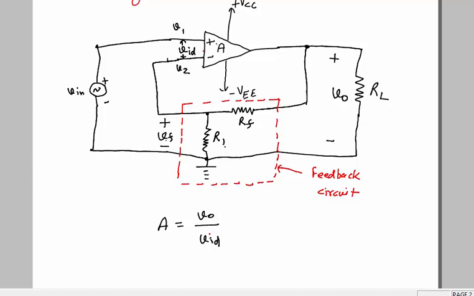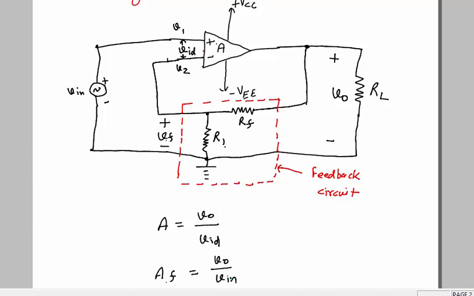Now the closed loop voltage gain, or gain with feedback, we call AF, and by definition it is V0 by Vin. These are the two definitions we are going to follow for A and AF.